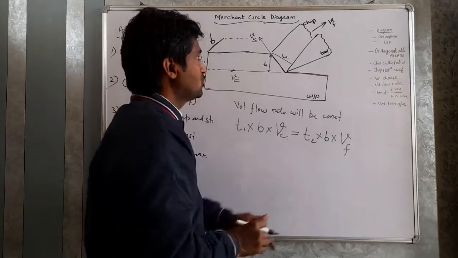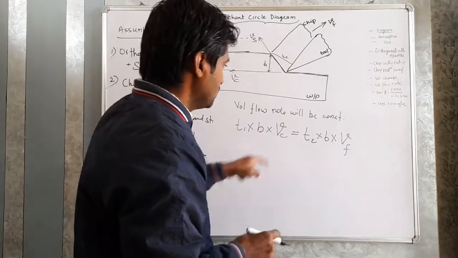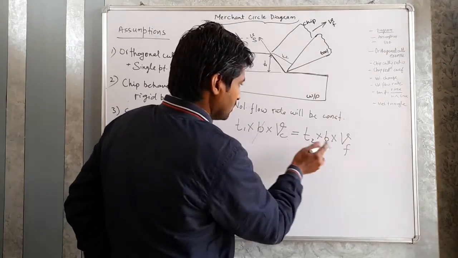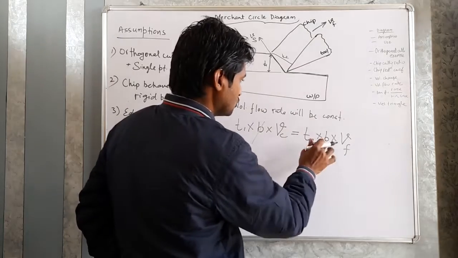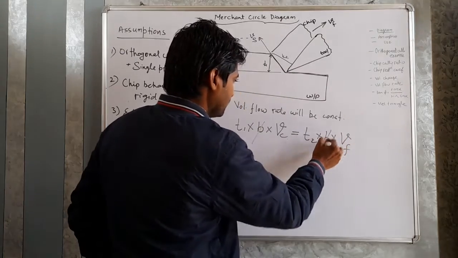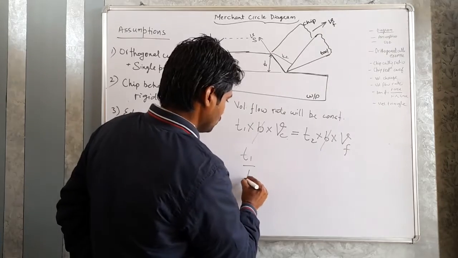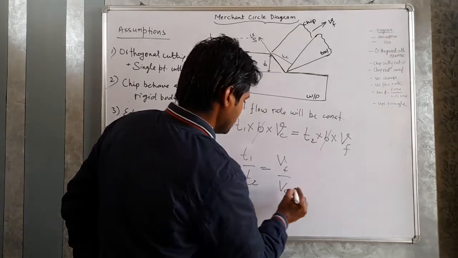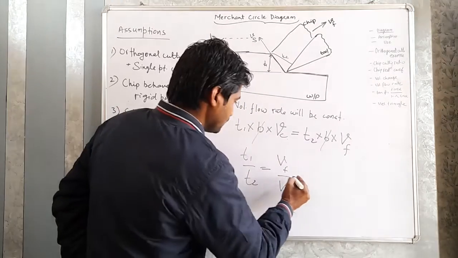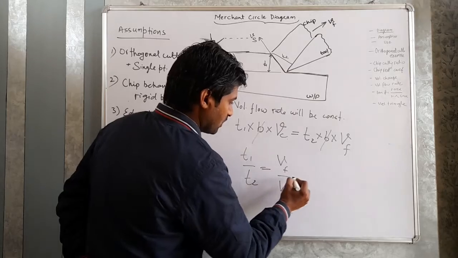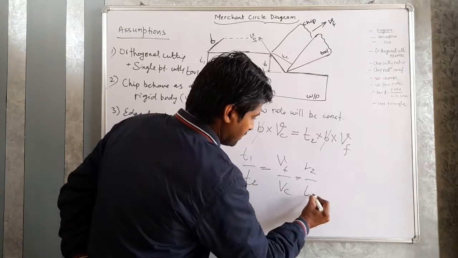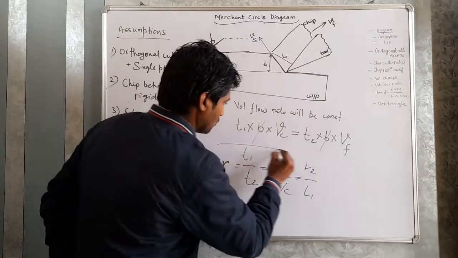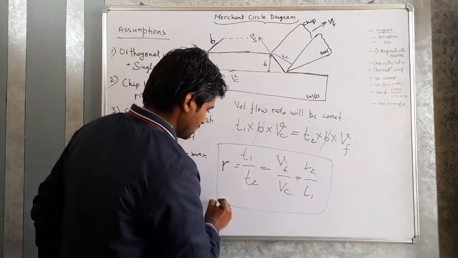VF is the chip flow velocity, your chip velocity. B on both sides is the same, so they will cancel each other. So T1 by T2 is equal to VF by VC. So this is one more expression, and T1 by T2 equal to VF by VC equal to L2 by L1, and these all are equal to R, chip thickness ratio. So this is a very important expression.